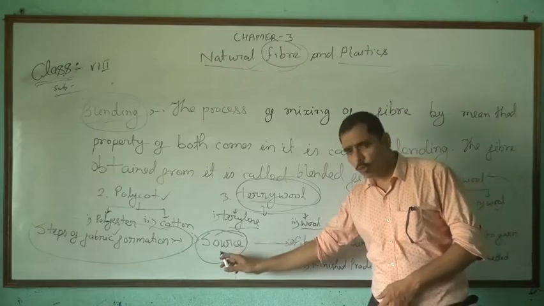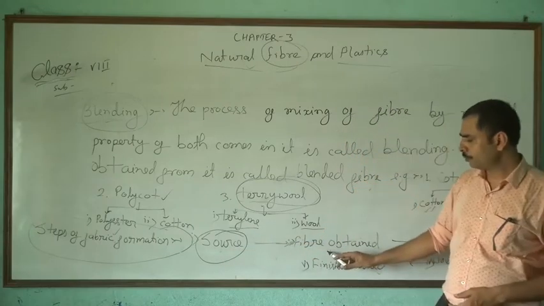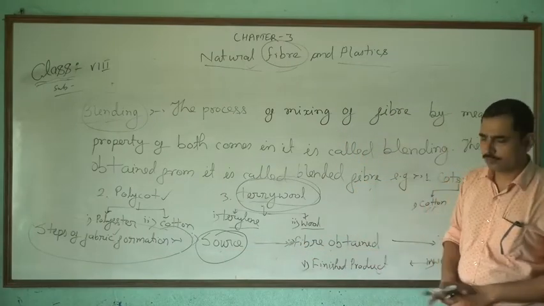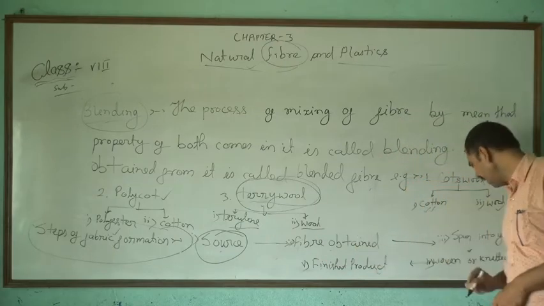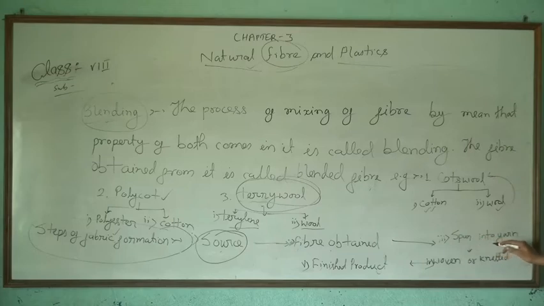So from the source we obtain the fiber. This is the second step. This fiber is spun into yarn. And this yarn, when either woven or knitted, is converted into fabric.